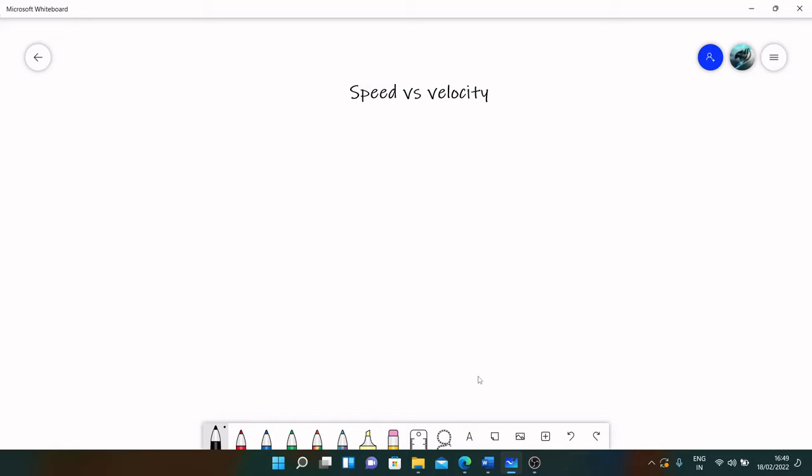What is it? It is speed equals distance divided by time, equals d by t. d is distance, t is time.